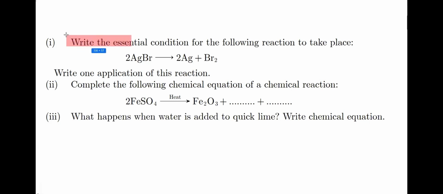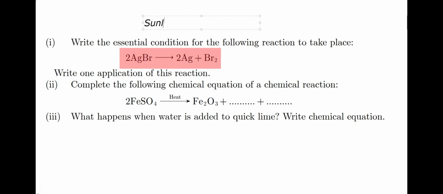In this question, we have to write down the essential conditions for the reaction to take place. So this is the reaction given here. Silver bromide splits or decomposes to give silver and bromine gas. You should know this is a decomposition reaction, and in this case what is needed? Sunlight, right? So the essential condition necessary over here is sunlight.